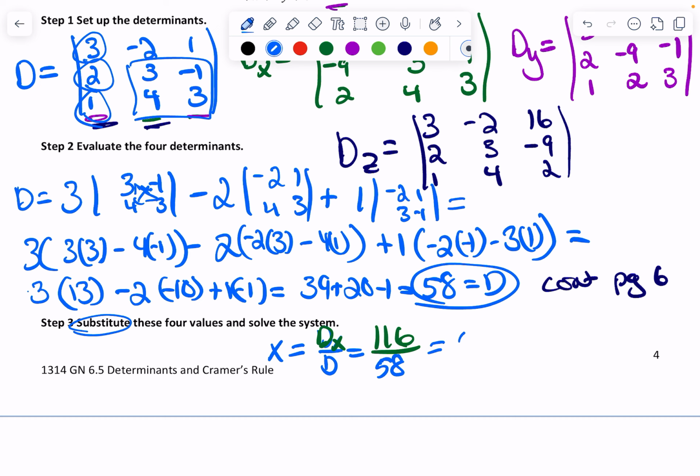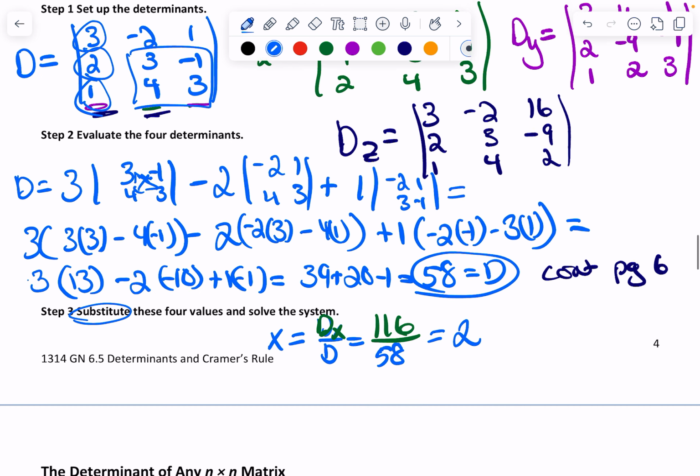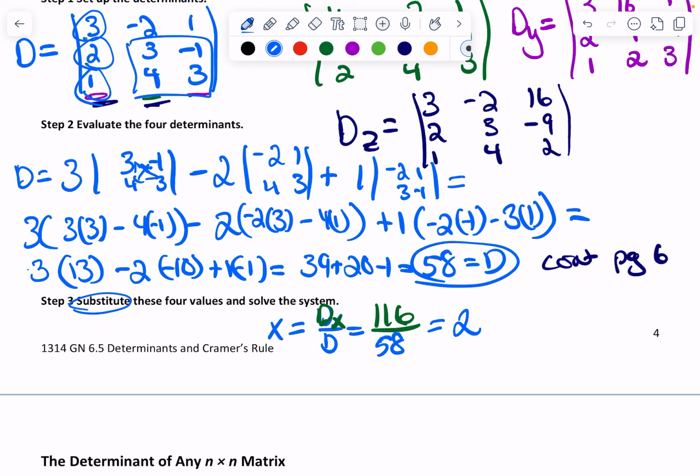So we get 2. Y is going to be d of y divided by d. We got negative 174. We are dividing that by our d, which is 58. So we get negative 3.